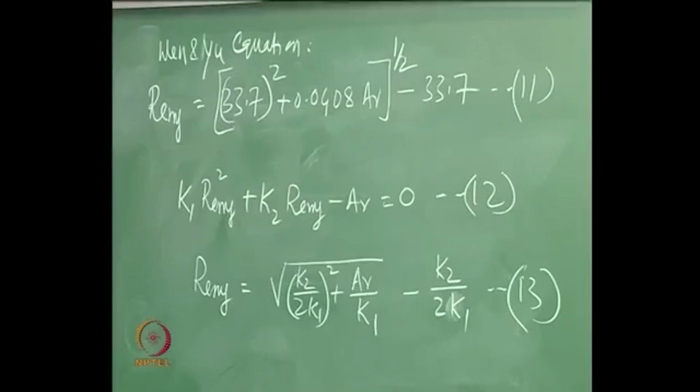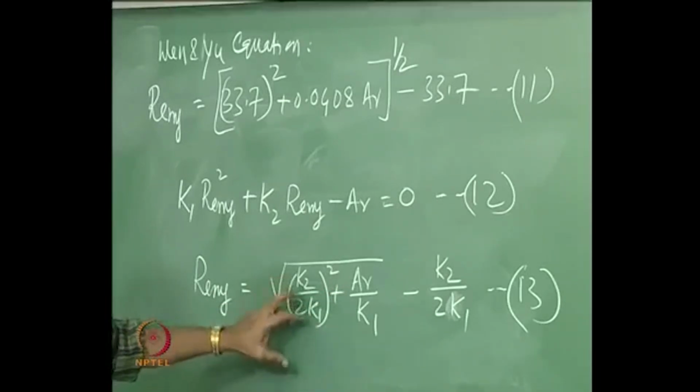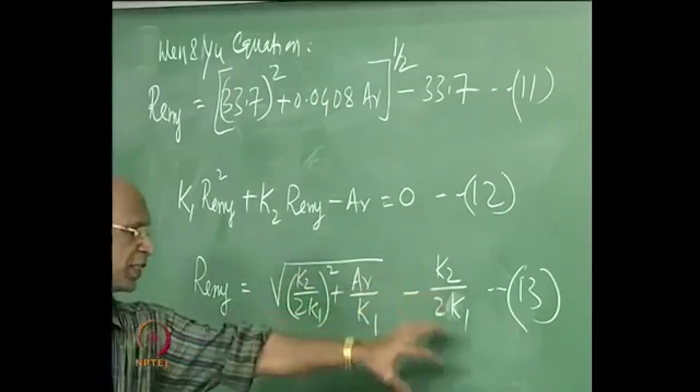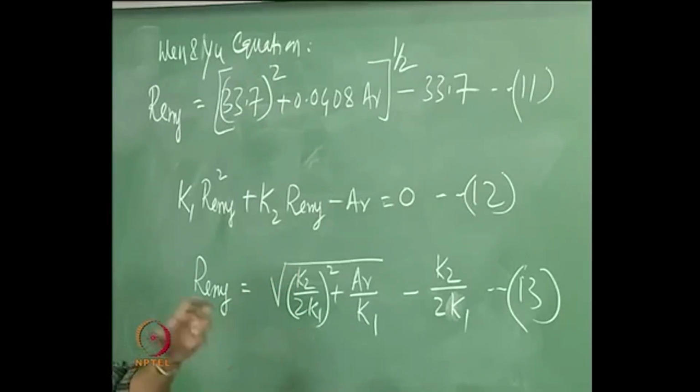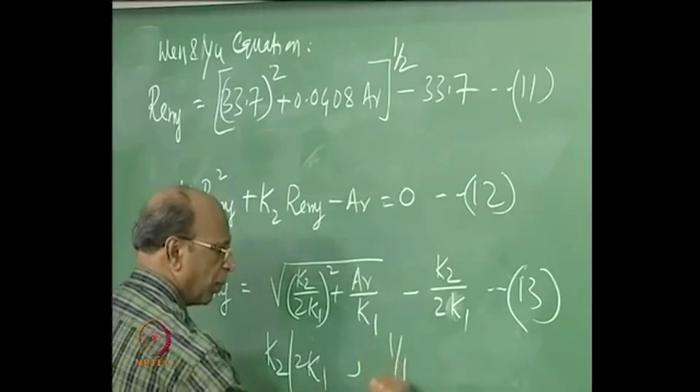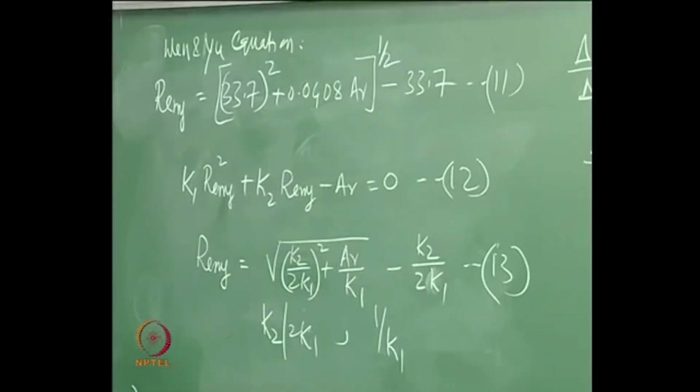Now what they did was they took all the data that is available for minimum fluidization velocities, because they know the Archimedes number, and then took these ratios to fix 1 by k1 and k2 by k1. One ratio is k2 by 2 k1, the other ratio is 1 by k1. So they try to fit the data like this.